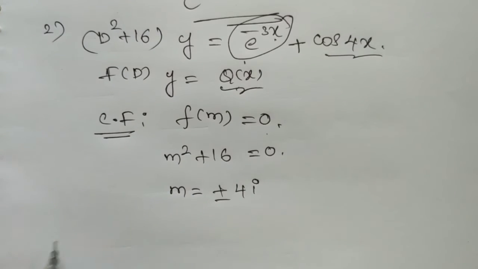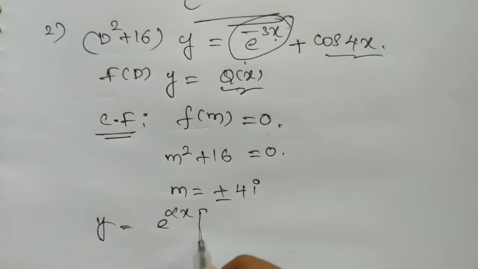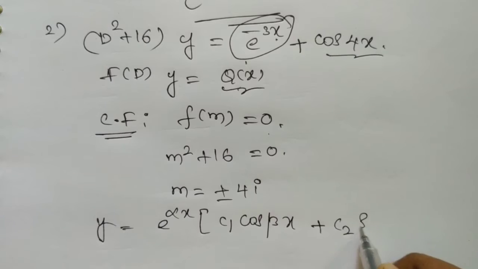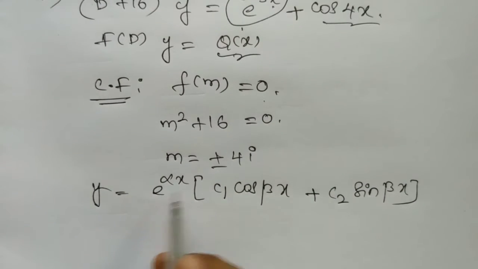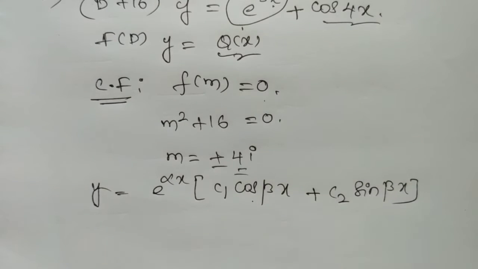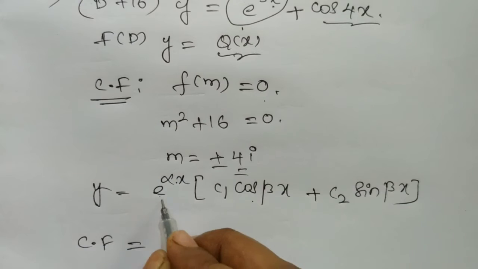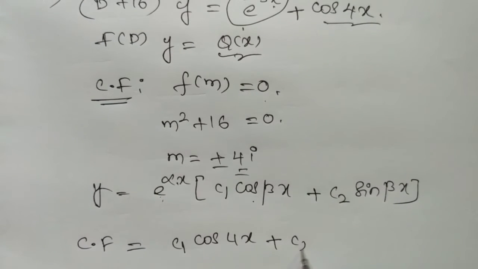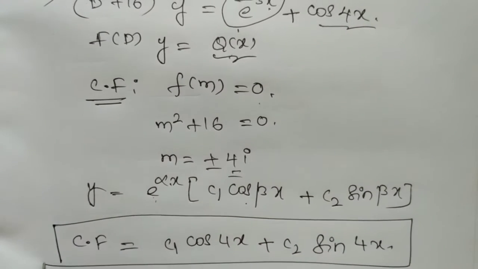So then complementary function y equal to e power alpha x into (c1 cos beta x plus c2 sin beta x). So here alpha value 0 and beta equal to 4. So therefore complementary function e power 0x, so that is 1, c1 cos 4x plus c2 sin 4x. So this is our complementary function.